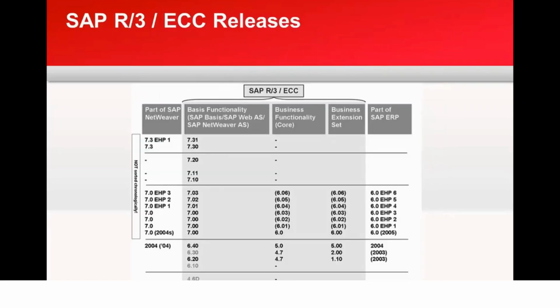Here we are showing the different releases of SAP, from 4.6C, 4.6D, 6.10, 6.20, 6.30, 6.40, then 7.0, 7.01 which is 7.0 EHP1, EHP2, EHP3, then 7.1, 7.1 EHP1, 7.20, 7.30, then 7.30 EHP1.